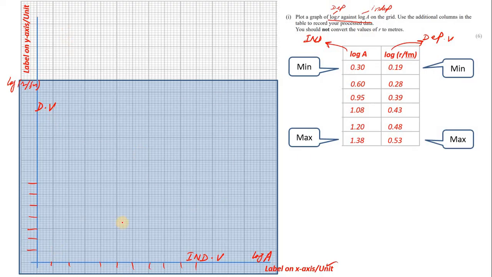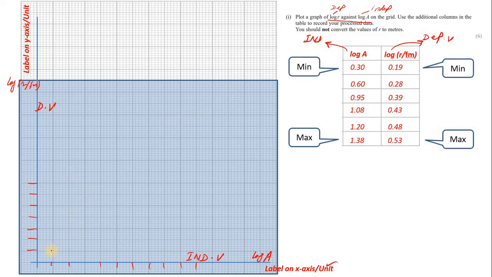Like the blue region is more than 50%. It may be 60, 70, 80, it doesn't matter, but it should not be 50 or less, in my opinion. Less than 50 is of course not acceptable. You will lose 1 mark. So you choose a sensible scale so that you can cover more than 50% of the region.